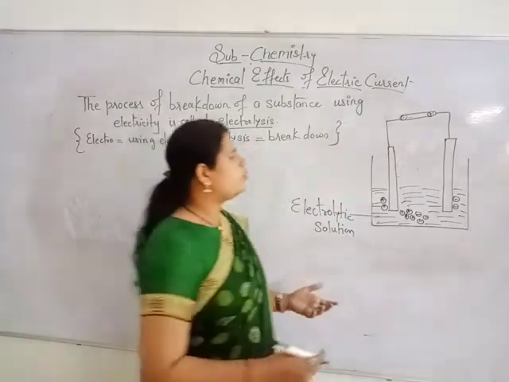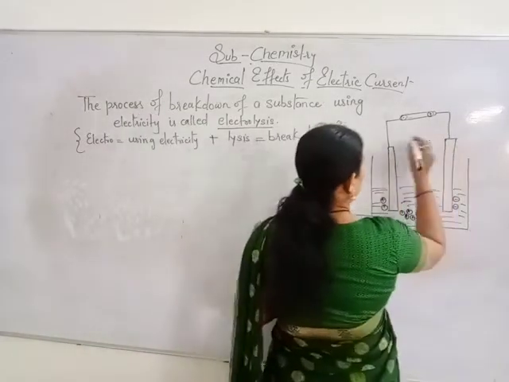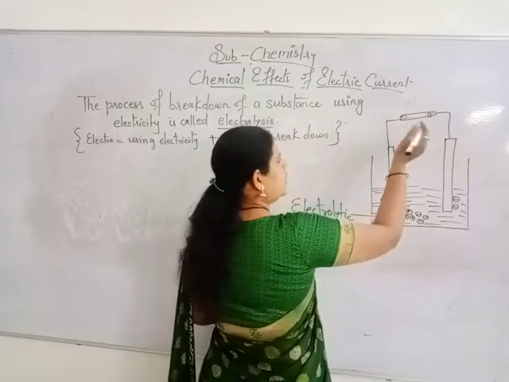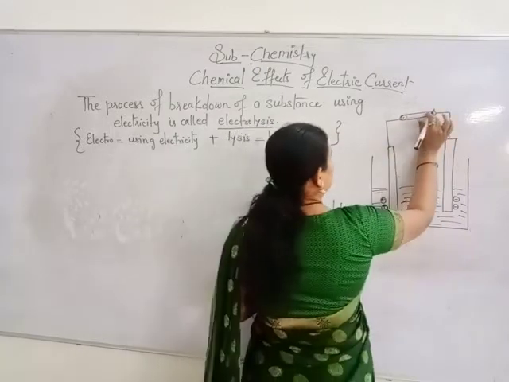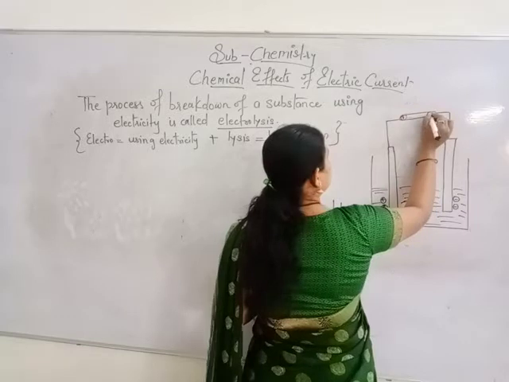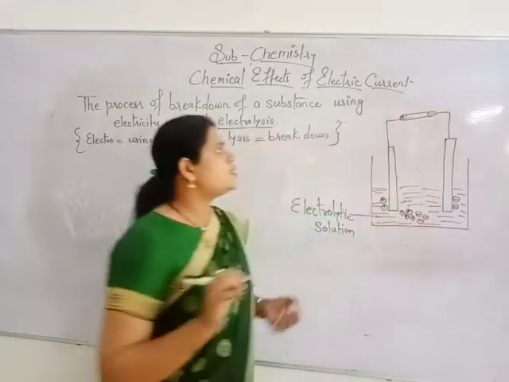Now what do we have to do? We have to take two electrodes connected to the positive and negative terminals. Over here, this one is positive and this one is negative.